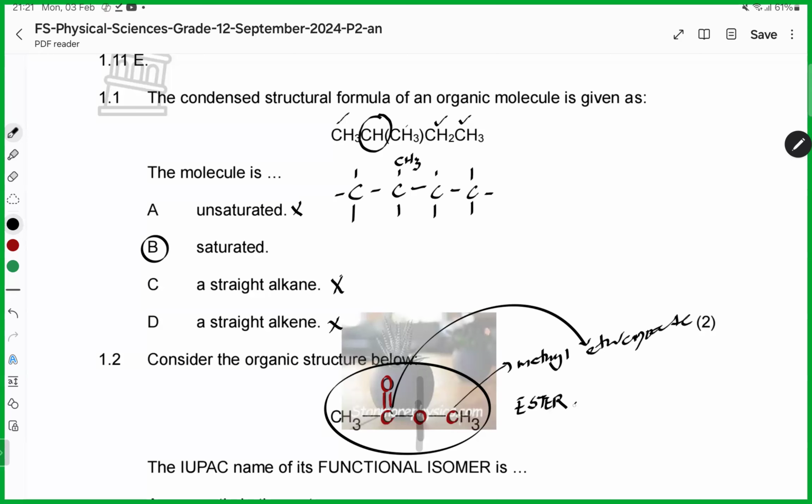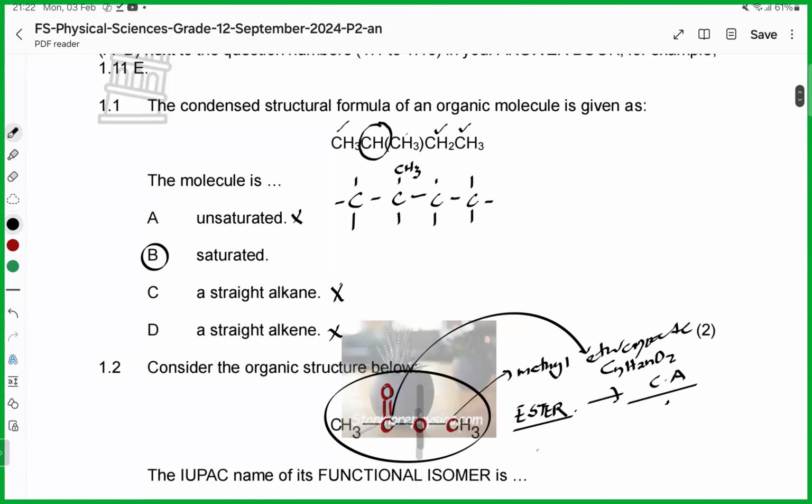The functional isomer of an ester, you're supposed to know this in advance, is a carboxylic acid. Why are these functional isomers? Because they have the same general formula. They have different structures with different functional groups. This has got a carboxyl functional group, and this one here has got that alkyl alkoxy group.